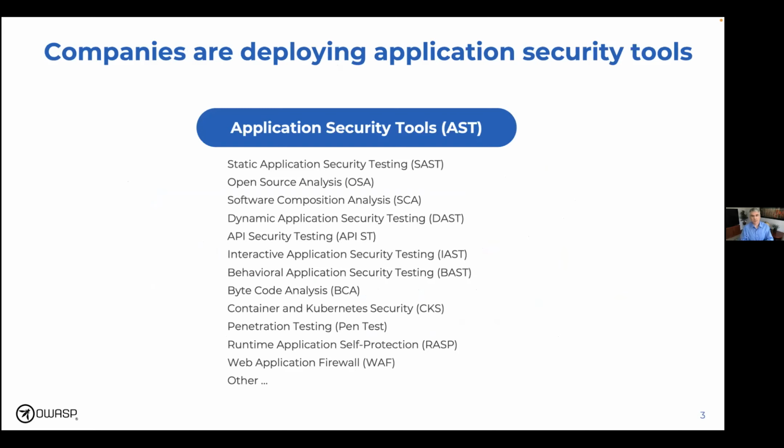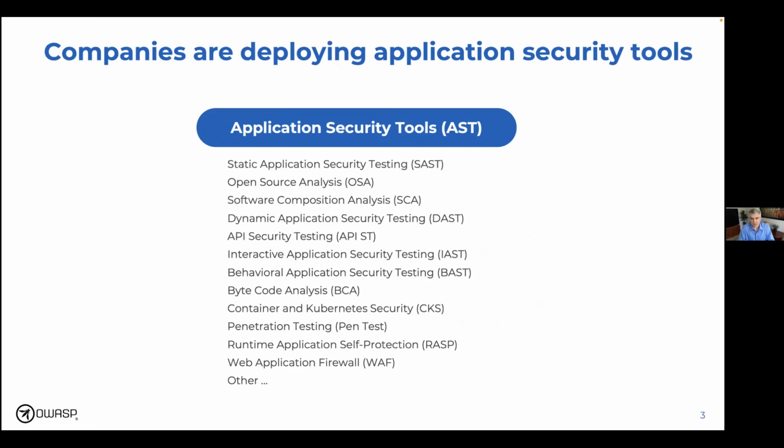Now, companies are deploying application security tools, in short, AST, and there is actually a variety of different types of tools available on the market, and they all do different things. The most popular are static application security testing that reviews the code itself.